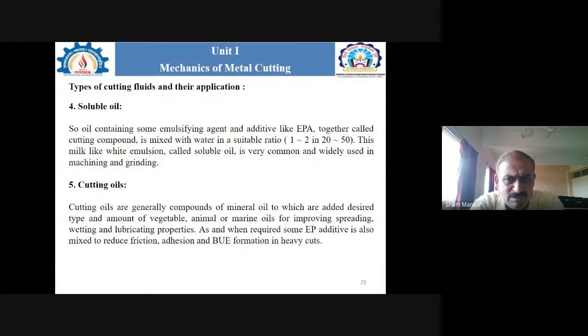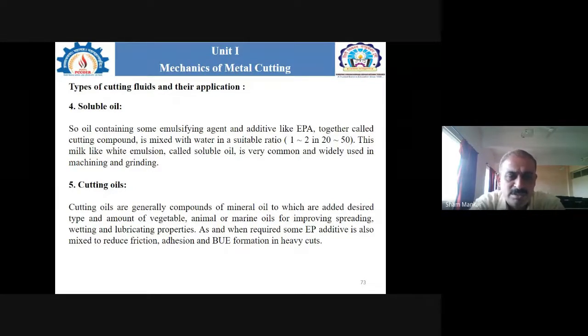It is very commonly and widely used in machining and grinding processes. These types of cutting fluids are useful when we are performing the machining operation with a single point cutting tool as well as a multi-point cutting tool. Okay.